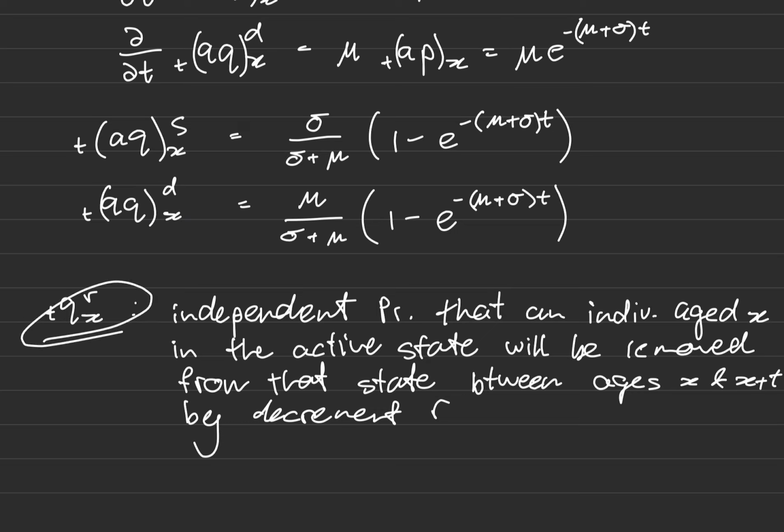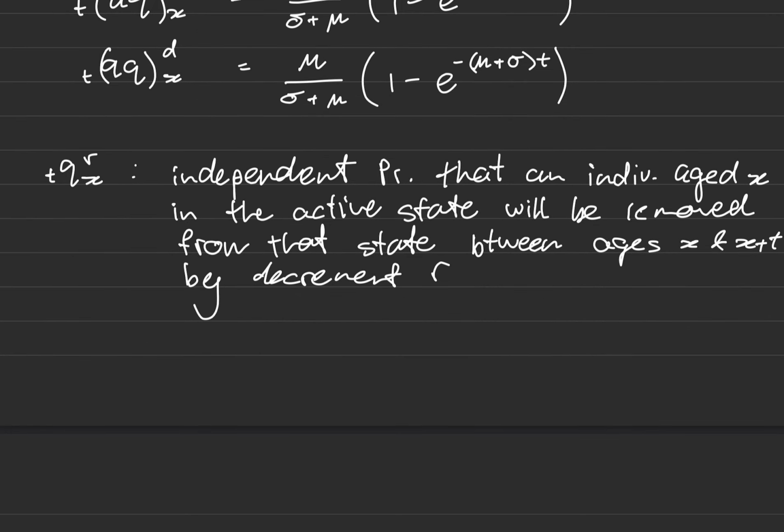Here, even if there are multiple decrements acting on the life, and I need to calculate the independent probability, I must assume that there's only one decrement acting on the life, and that is this decrement r. That's the difference between this and this. This assumes that there are other decrements acting on the life. This assumes that there is only one decrement, and that is the decrement r that is acting on the life.